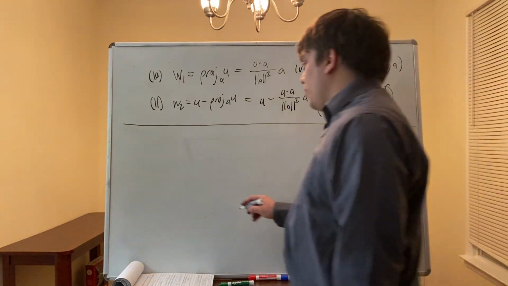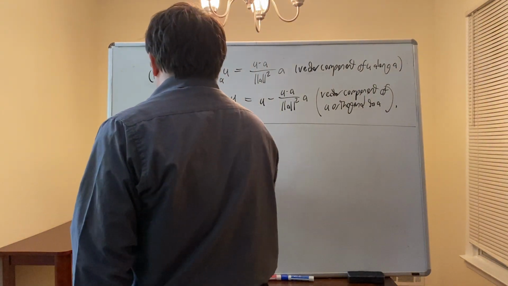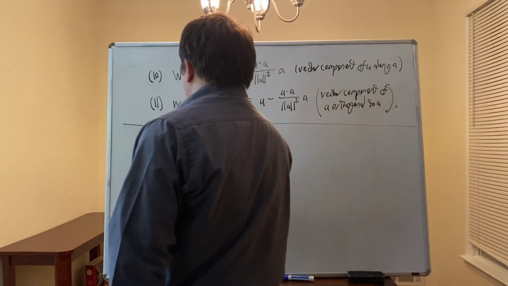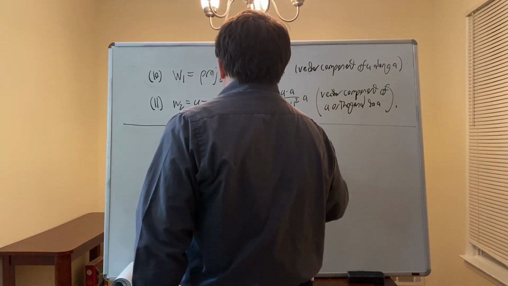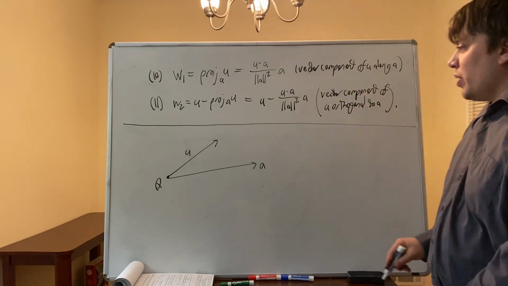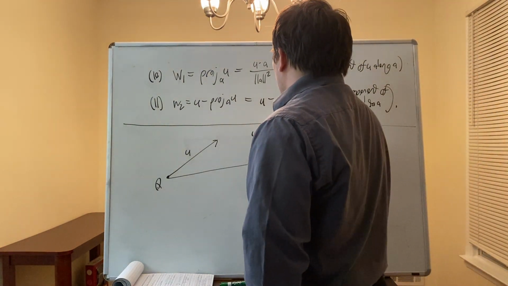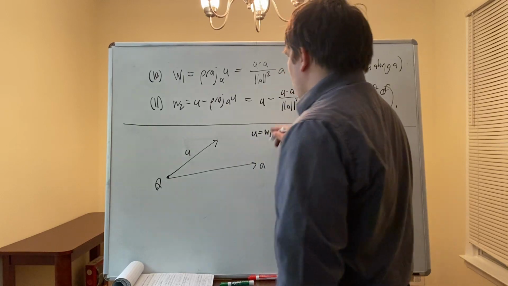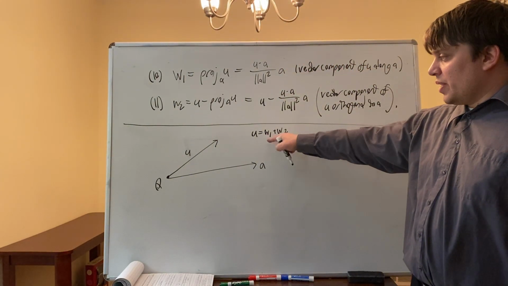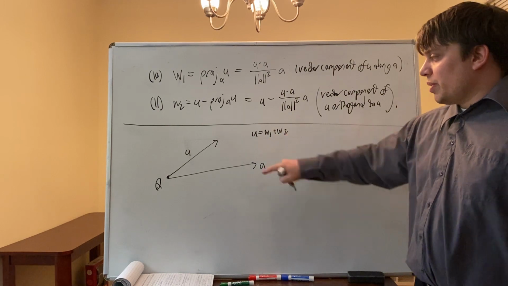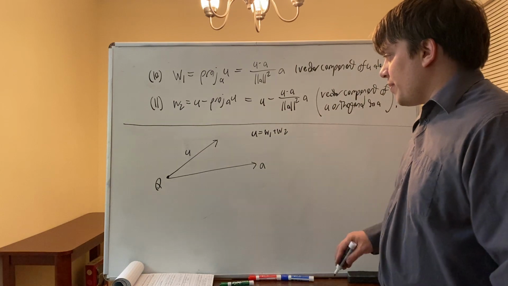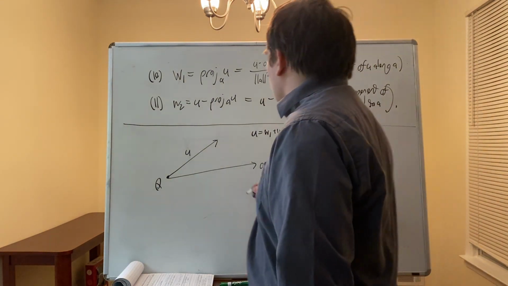Again, with our pictures from before, if this is a vector u, and this is the starting point q, then here's a vector a. The goal, remember, was to write u equal to w1 plus w2, where w1 is along the line through a, and w2 is perpendicular to a. If w1 is a scalar multiple of a, w2 is orthogonal to a.